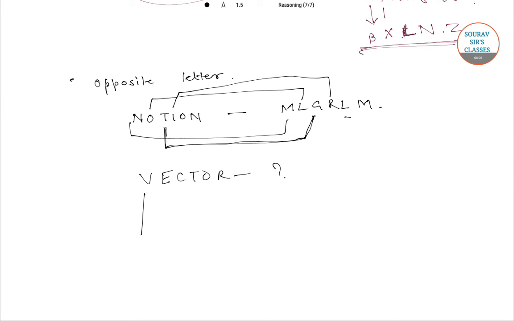Now opposite of V is E. So thus opposite of C is X. T is G. O is L and R is I. So VECTOR is coded as EVXGLI.